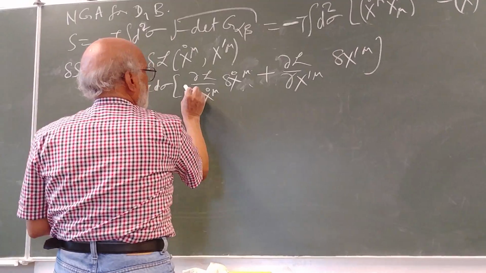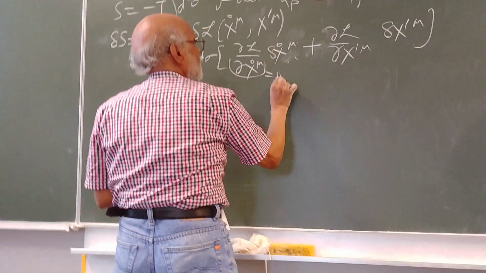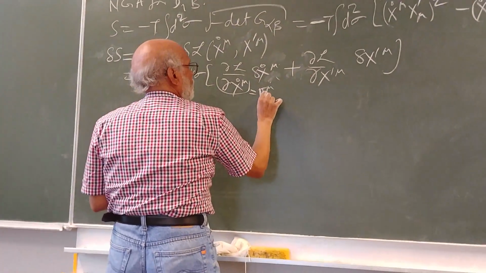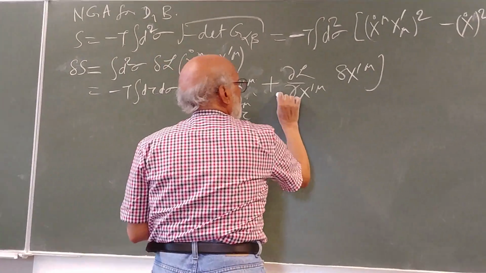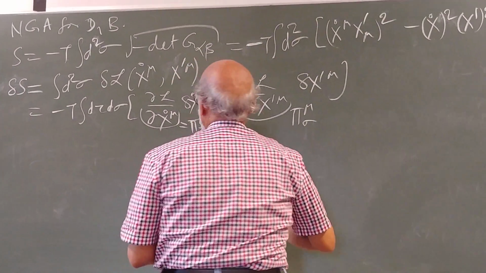These two objects we would recognize as pi mu of tau, and pi mu of sigma.